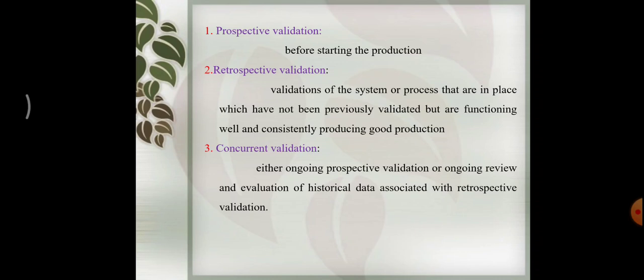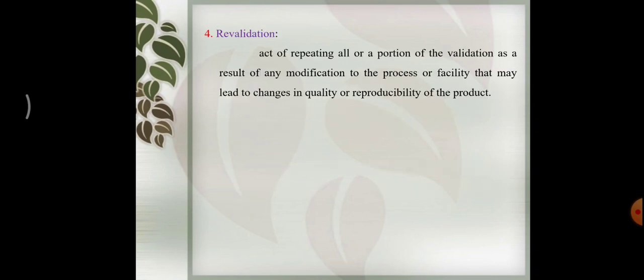When it is inevitable to make such changes, revalidation is very much essential. Whenever any changes are made in the process or its environment, revalidation is essential in order to maintain the quality of the product.